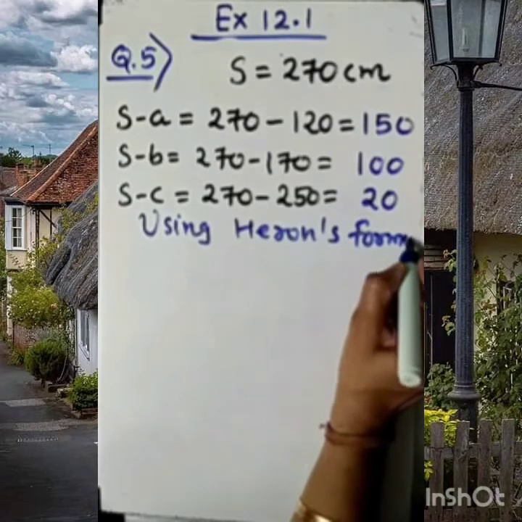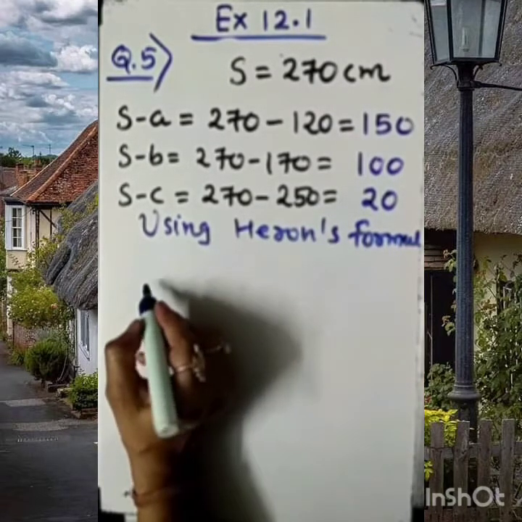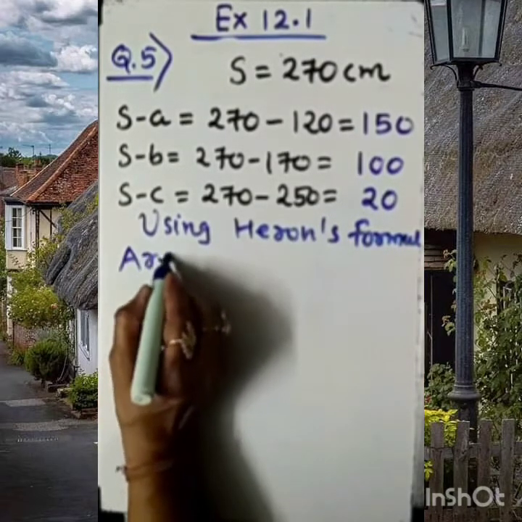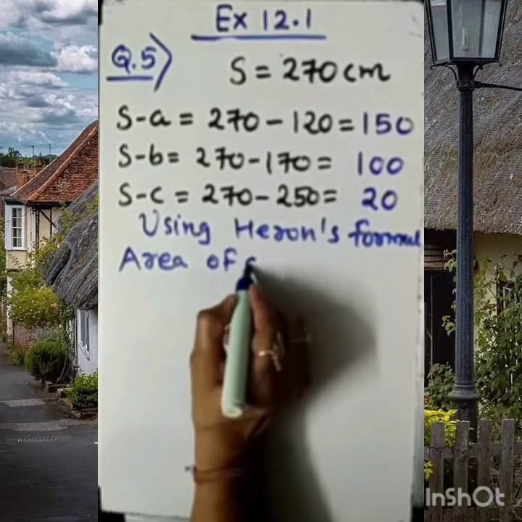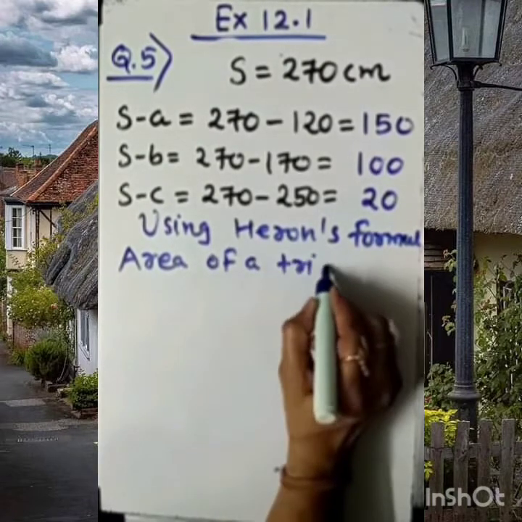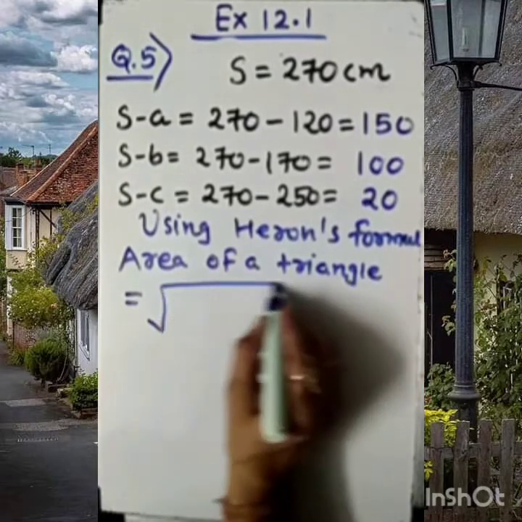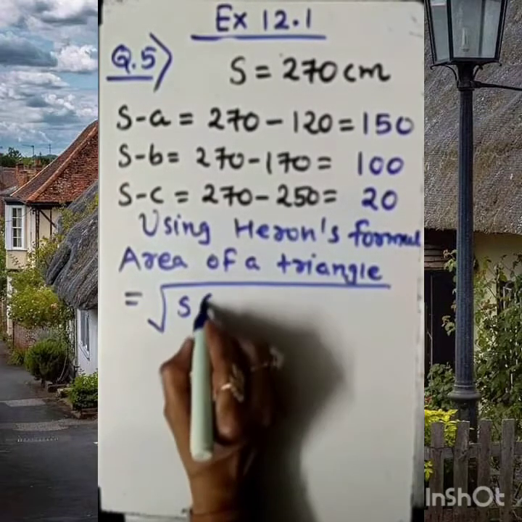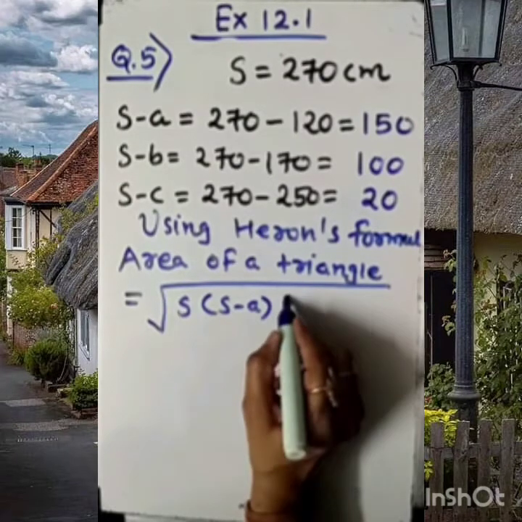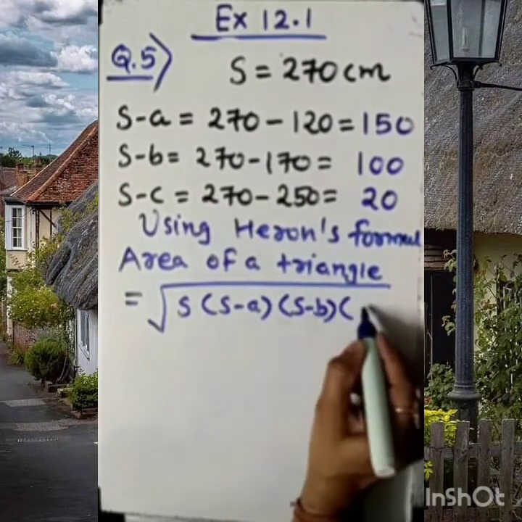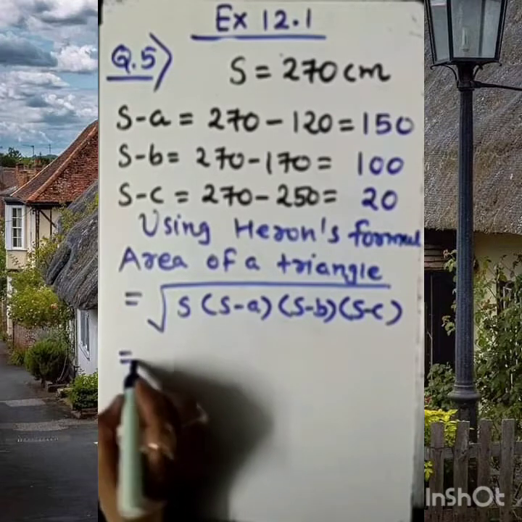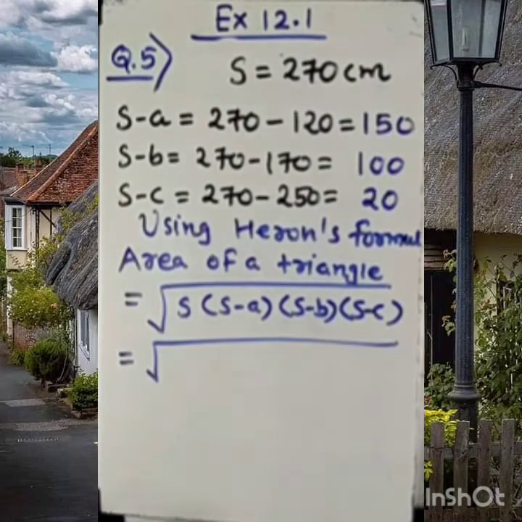Heron's formula is used to find the area of a triangle. So area of a triangle is equal to under root of s into s minus a, s minus b, and s minus c. This is the formula.